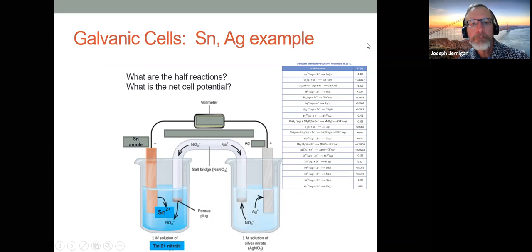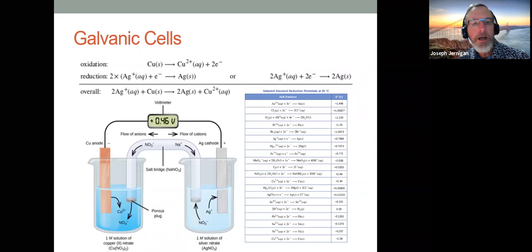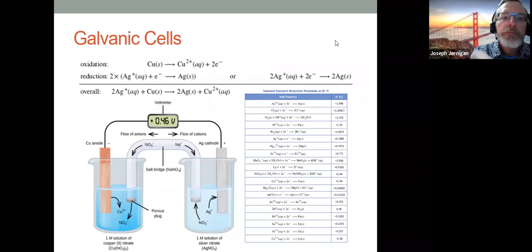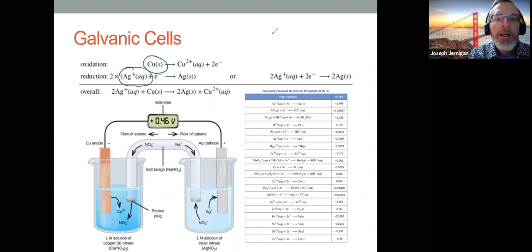Another one, we don't really need to talk about this too much. I think I showed you already. This is a copper example, and silver, copper, silver. And again, look here, where's copper? There's copper. All right. And silver here, where's silver?